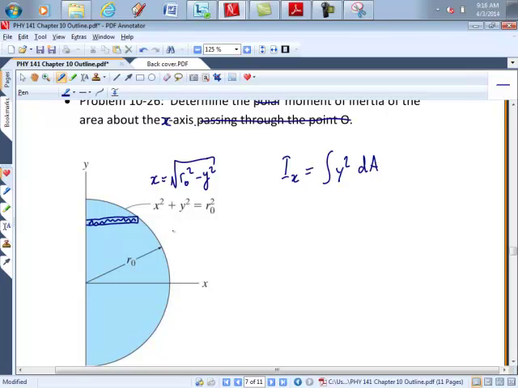My dA would be x times dy, equals the square root of RO squared minus y squared, dy.